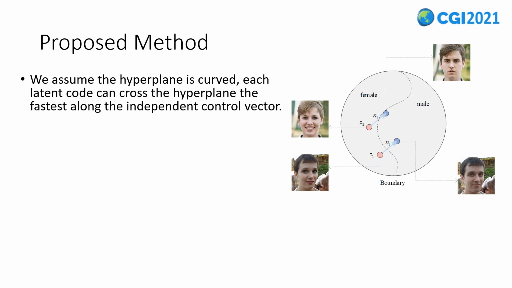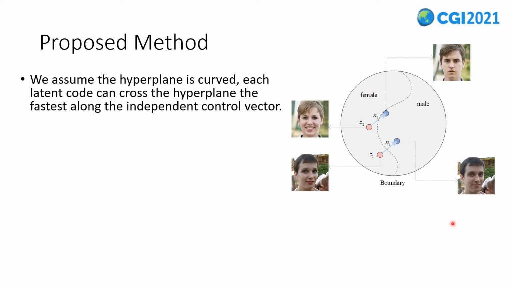It is effective to use only one control vector to modify many latent codes, but there is still a part of the latent codes without a good effect. Therefore, we assume that the hyperplane is curved. Maybe using an independent control vector to modify each latent code is better.